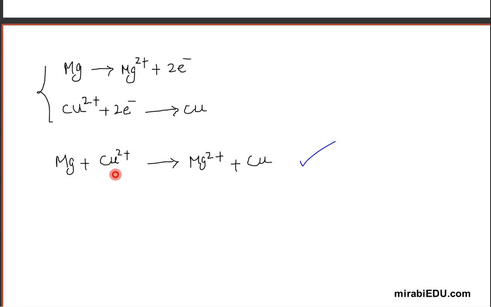Therefore this reaction takes place, and vice versa will not: if we have copper and Mg2+, this reaction doesn't take place. So prediction of reactions like this is the topic of section 23.5.